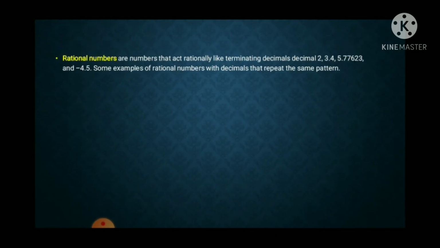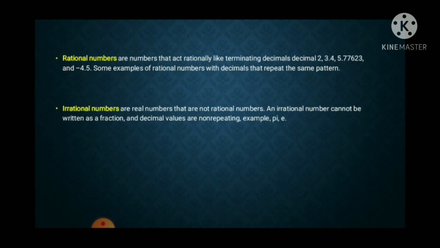Next is rational numbers. So as what I said, that rational number is a terminating decimal. Right? Example, 3.4, 5.77, and negative 4.5. They are example of rational numbers, which they're decimals that repeat the same pattern. That is rational numbers. Next is irrational numbers. Are real numbers that are not rational, not terminating decimal.